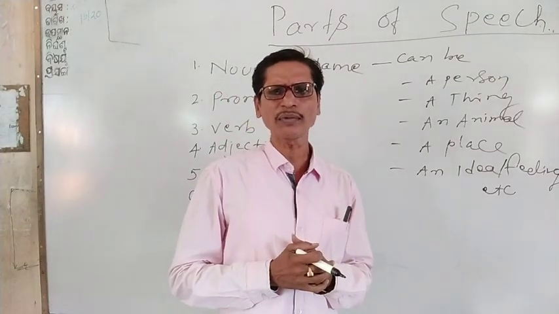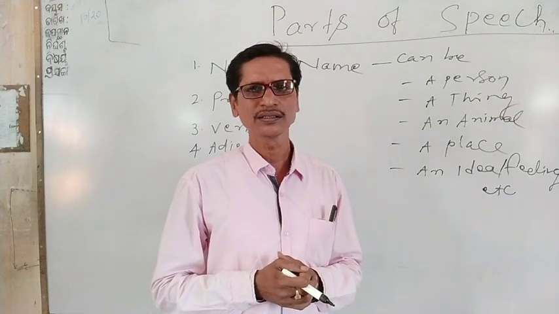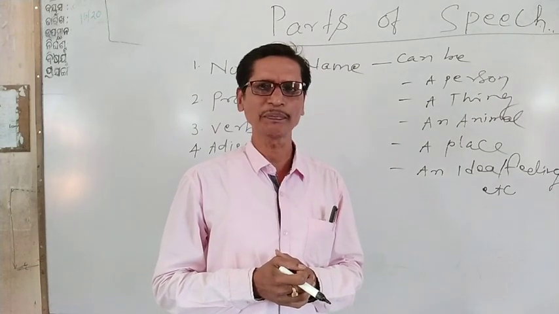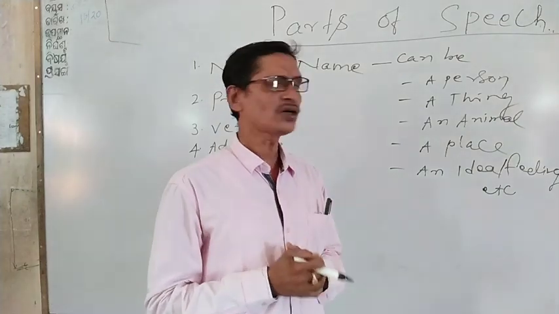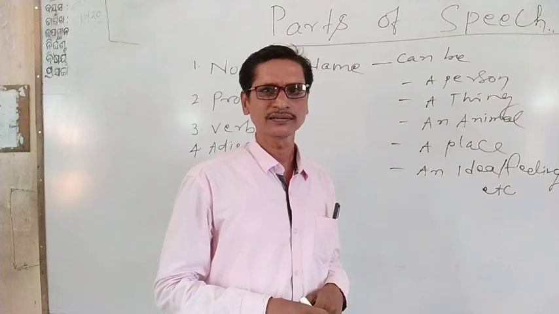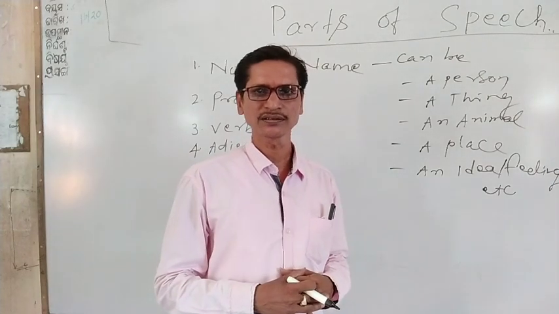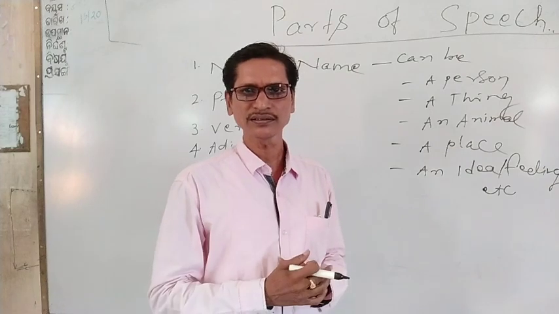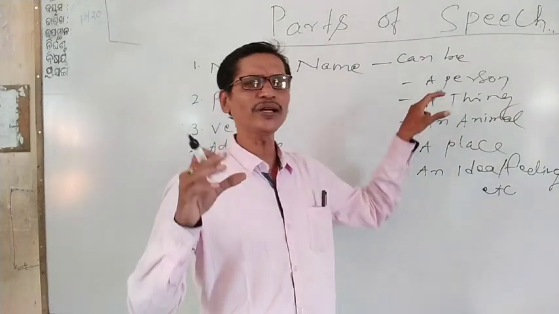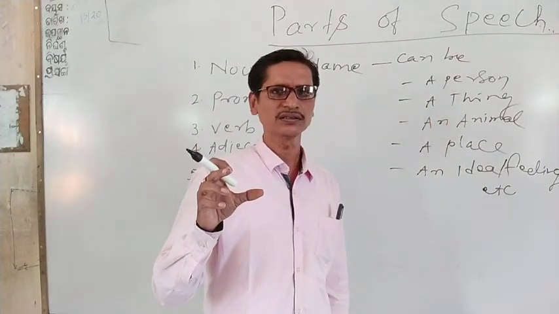So when we talk about human beings, it is about the person. When we talk about father, it is a person. Mother, it is also a person. Sister, person. Ramu, person. So when we use such words to talk about persons, they are nouns.